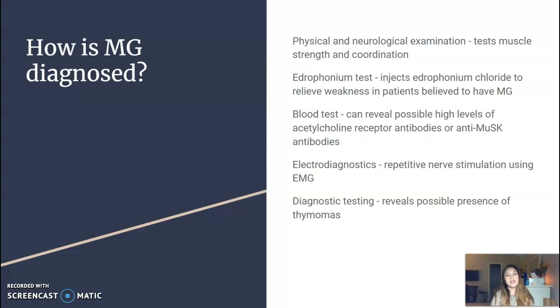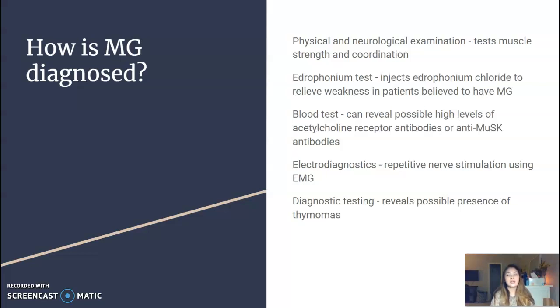The least and last diagnosis that we'll be discussing here is the diagnostic testing, which refers to CT scans or MRIs, and this is the least promising because only 15% of people that have myasthenia gravis have thymomas.